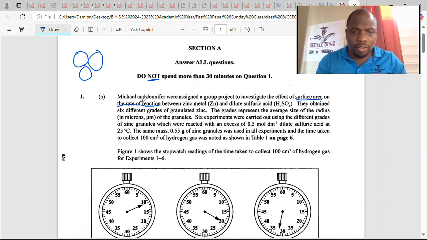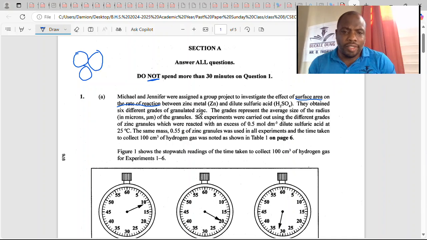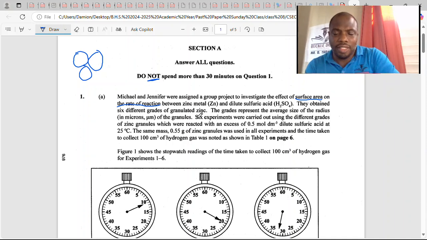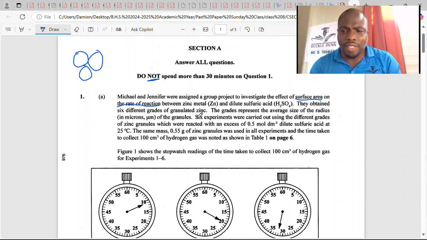All right. Now it says the reaction between zinc metal and dilute sulfuric acid. What type of reaction is this?